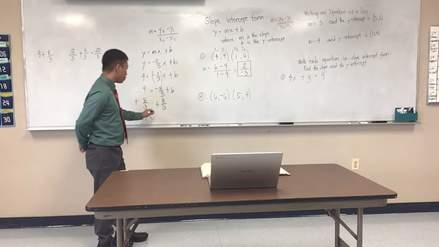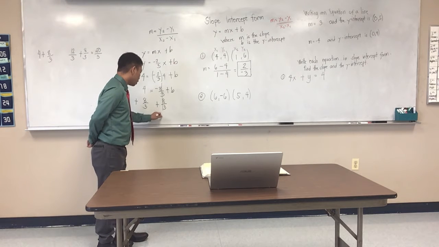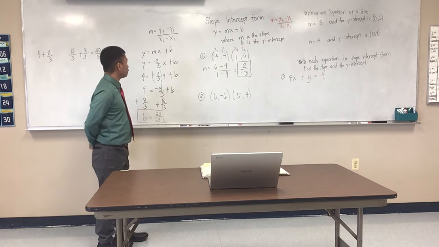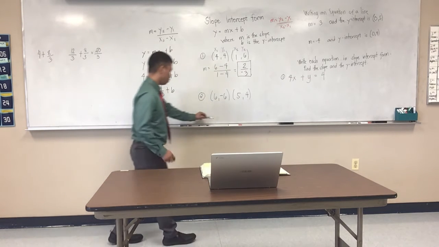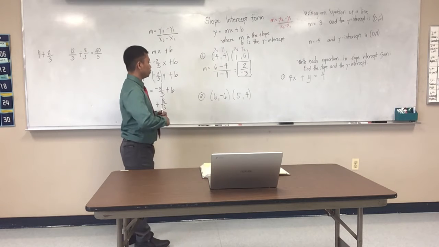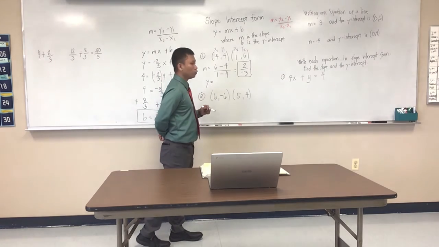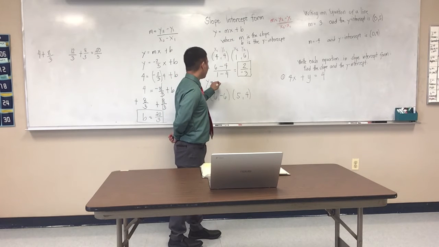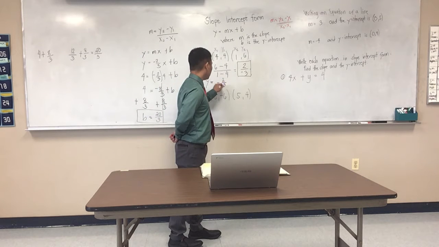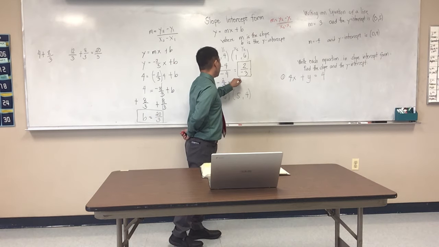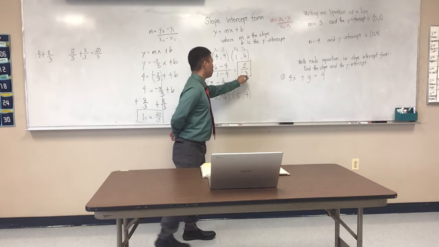So therefore our b here is 20 over 3. Our equation of the line now would be y is equal to negative 2/3 x plus 20 over 3. That would be our equation.